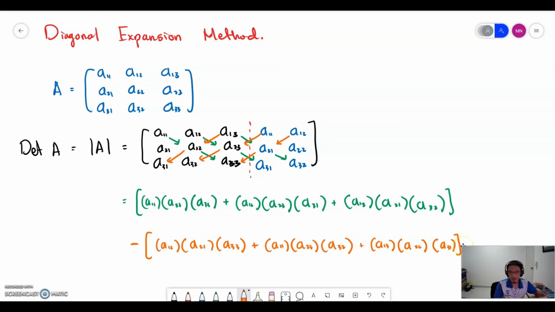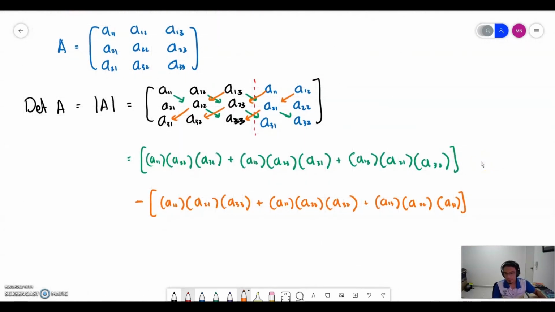Then we close. What is left for you is to complete the multiplication and addition process for the first bracket, and then minus it with the second bracket, and then you will get your determinant. So this is the concept of using the diagonal expansion method to determine the determinant.